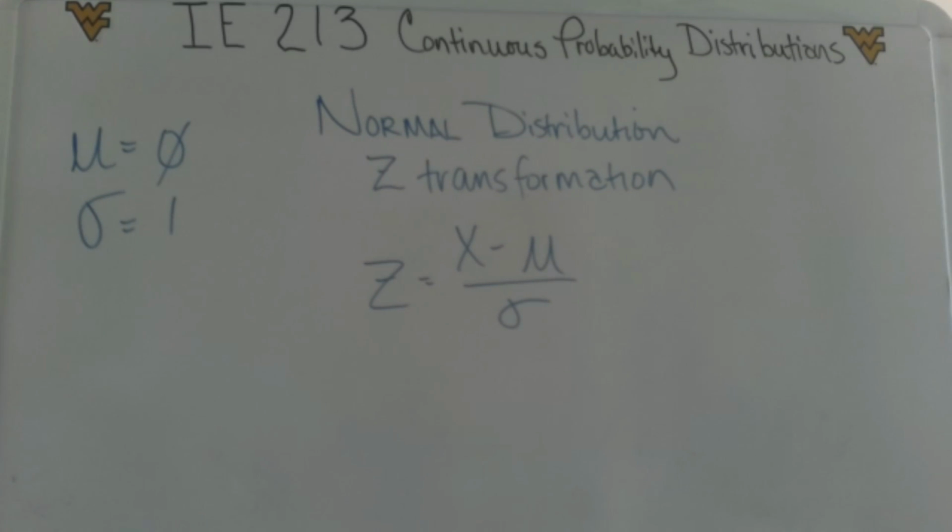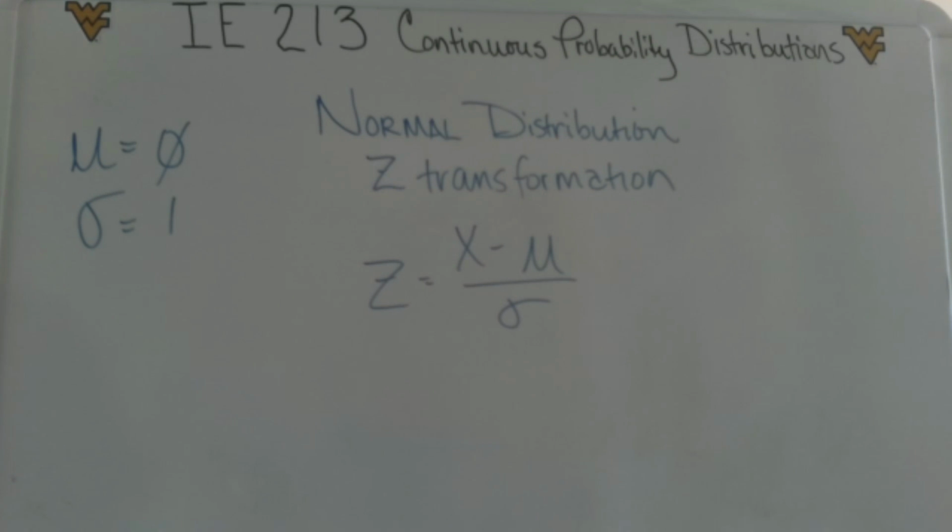The z transformation formula is z is equal to x minus mu divided by sigma. And with this transformation to z, the mean is always 0 and sigma is always 1, and this will allow us to use a normal table to find our probabilities.